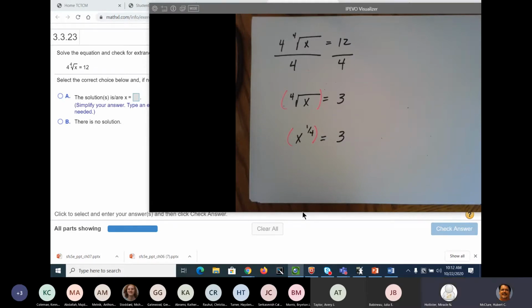All of you should say square both sides, right? How do you get rid of a square root? You square both sides. Then how do you get rid of a fourth root? You raise both sides to the 4th power, Hubert. That's right, class.